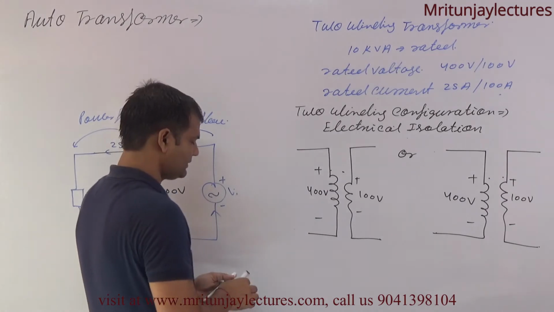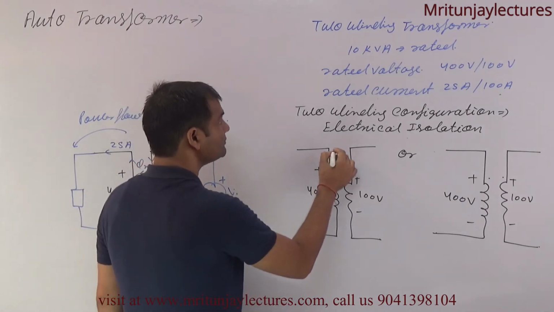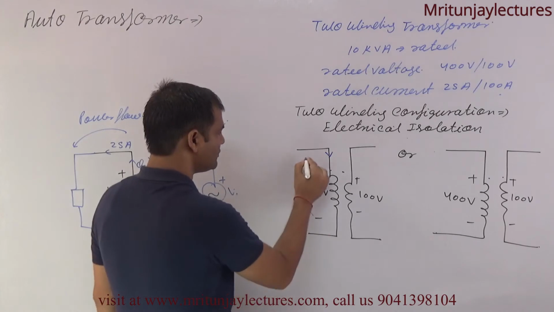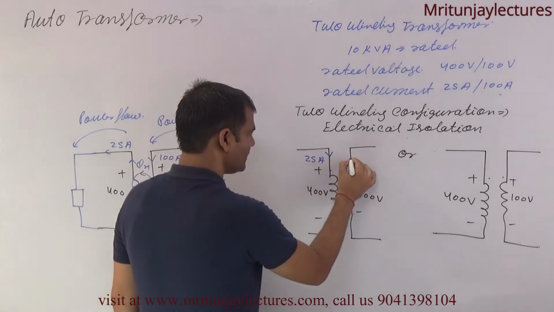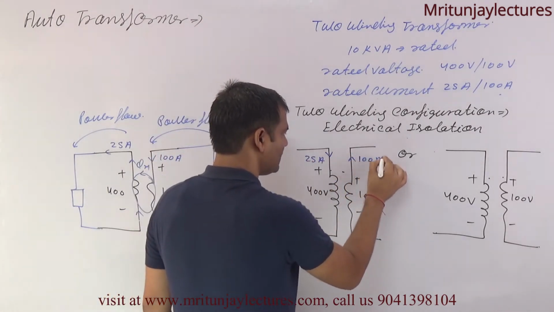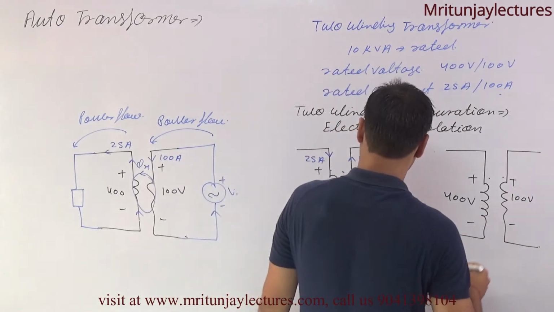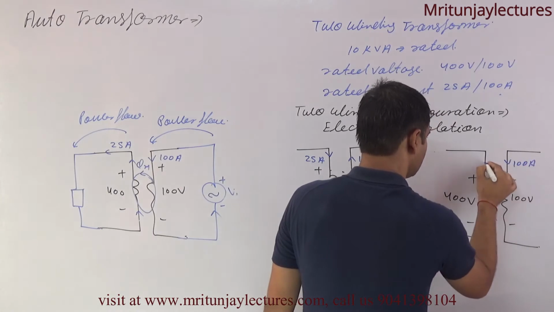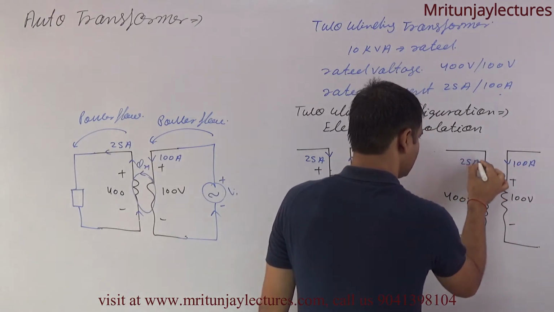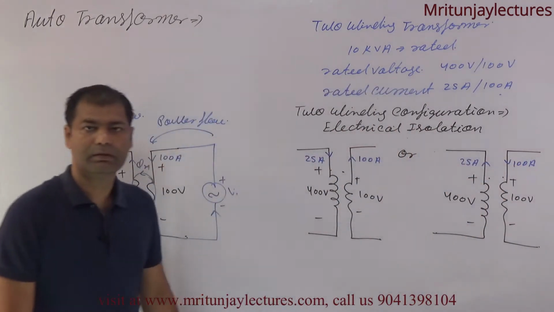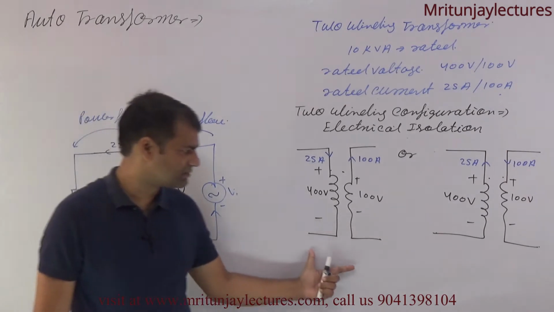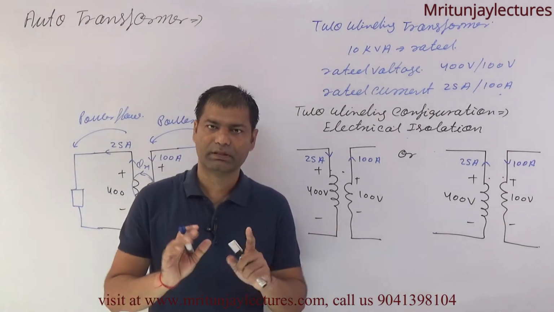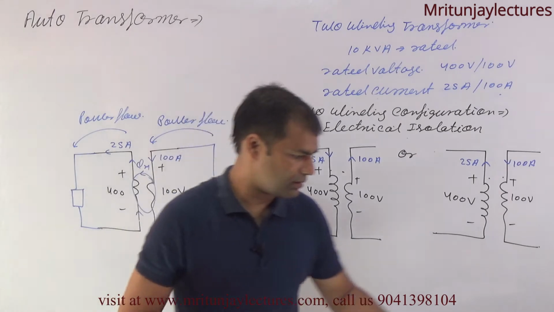Now direction of current, that is 25 ampere and that is 100 ampere, or that is 100 ampere and that is 25 ampere. It is clear? Represent like this one or this one. Clear?